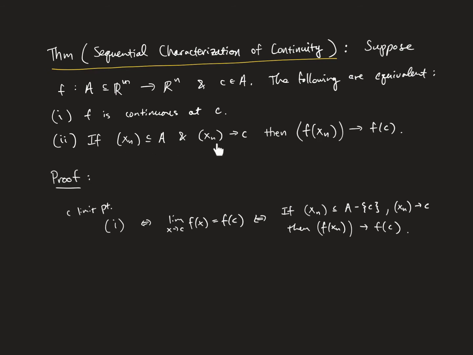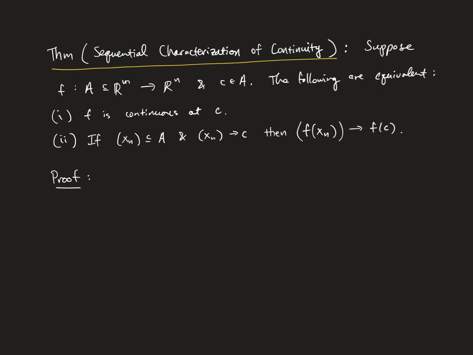And clearly, this statement here looks pretty similar to this one here, the only difference being the A and the A minus C. So we should be able to make some fairly quick argument that these are equivalent in the case of a limit point. And so then we just have to look at the case where C is an isolated point and make a slightly different argument.